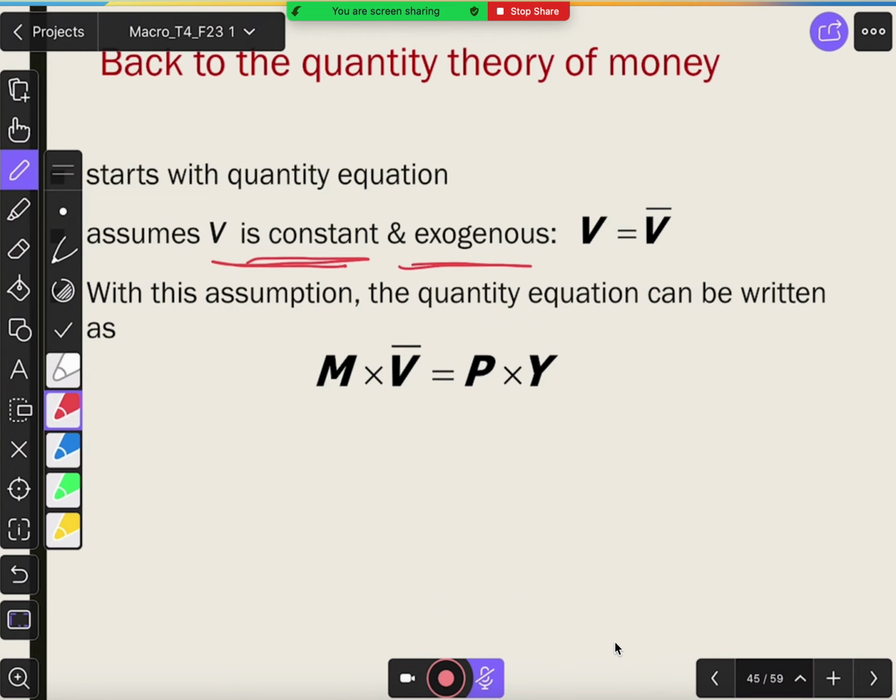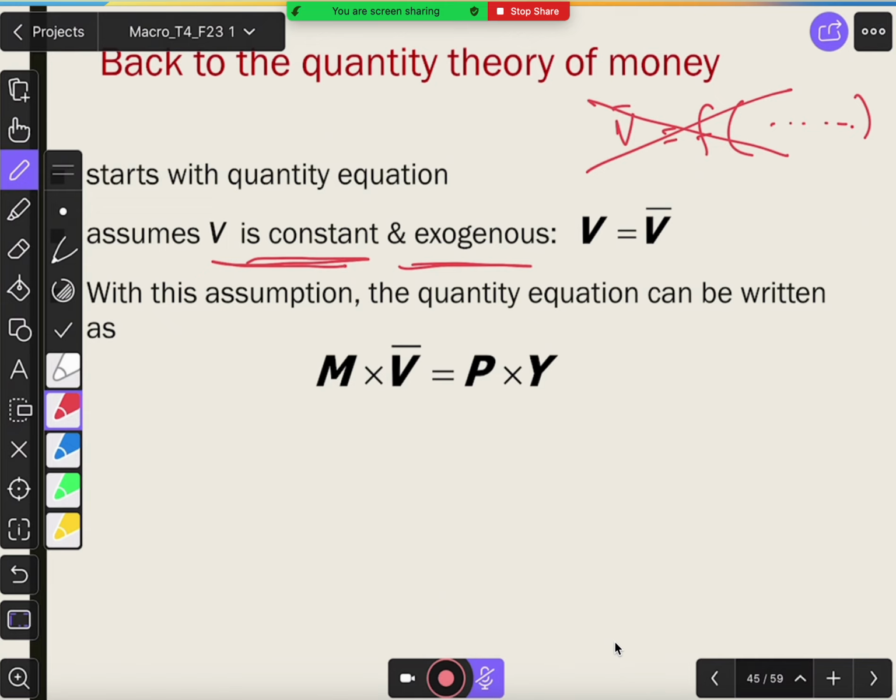Exogenous is a mathematical word saying that we don't have a function for it. Like, I'm not going to say that V is a function of so and so factors. So it does not depend on other factors. It's just given to us in this model. So the big assumption is velocity is constant.